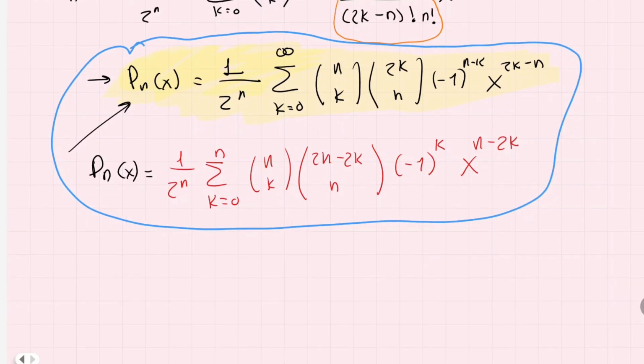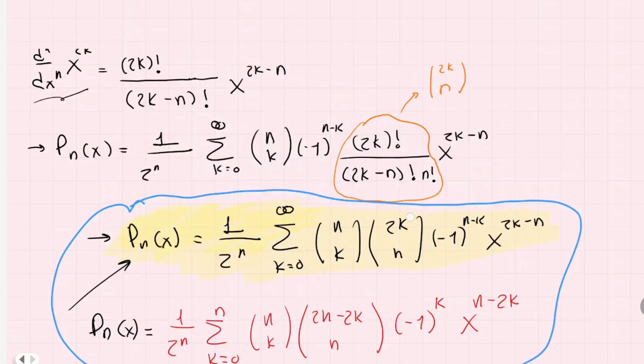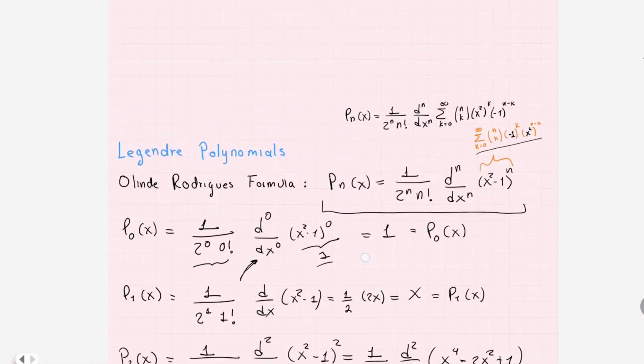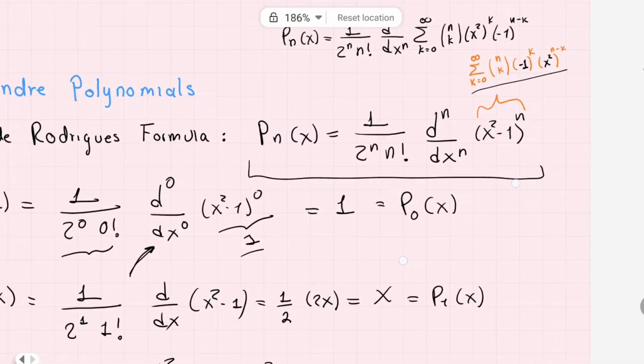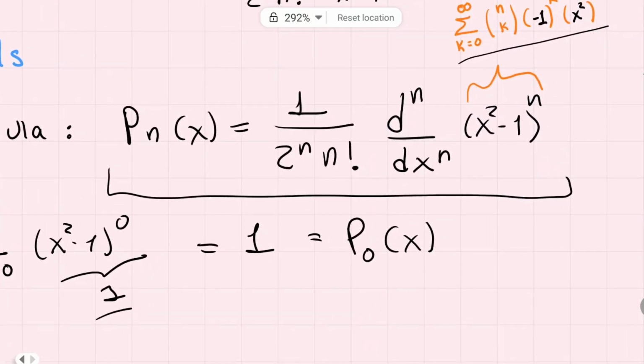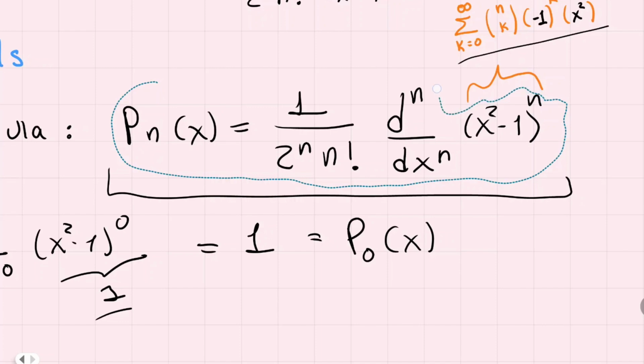But there are other ways to define Legendre polynomials as series expansions of infinite sums. What we are going to do right now is to take again the definition of the Legendre polynomials. Let me rewrite this.